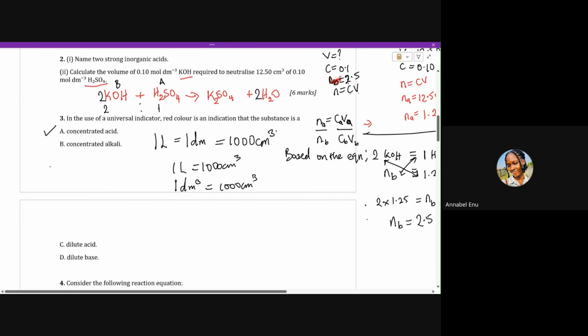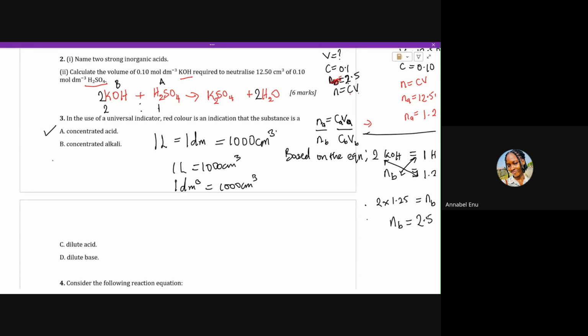Okay, because concentrated acid means an acid that has much amount of hydrogen ion, so it has much more acidic quality than a dilute one. A dilute one has been made kind of weak, so to say, by water because it has been diluted.